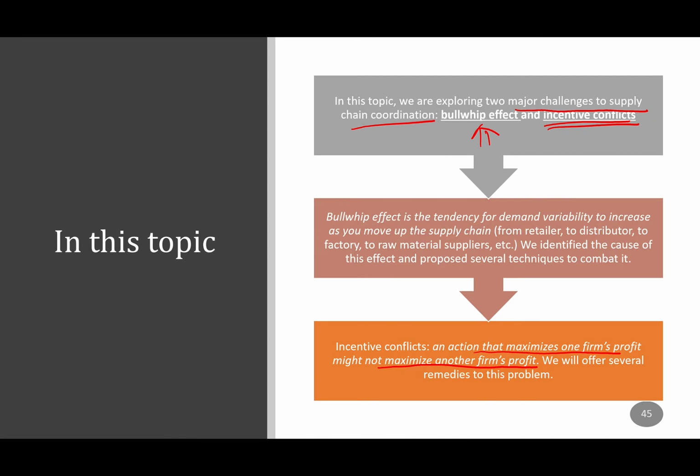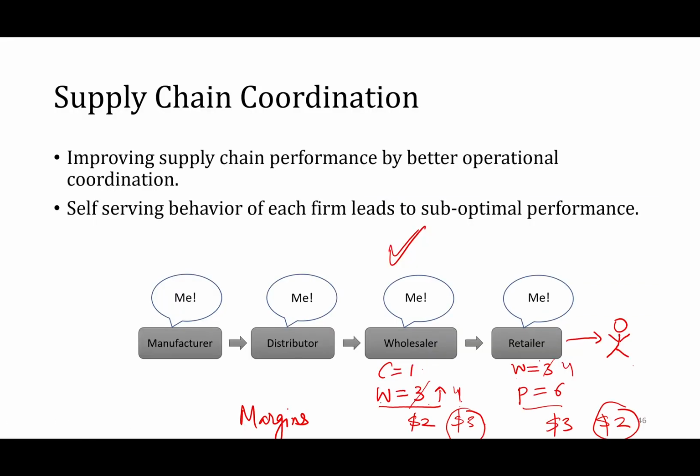An action that maximizes one firm's profit might not maximize another firm's profit. So increasing the wholesale price clearly maximizes the wholesaler's profit, but it reduces the retailer's.